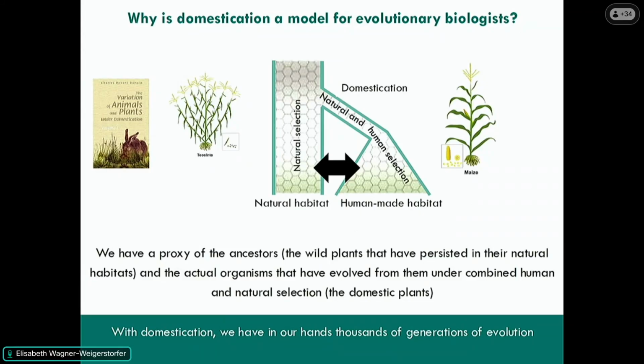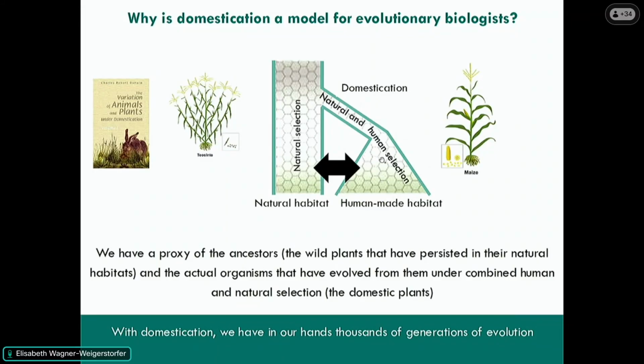And so this process, here you have the wild population. They evolve under natural selection in their natural habitat. Sometimes in the past, some of these wild individuals were taken to be domesticated. So usually domestication is associated with a shrink in population size, okay? And then you have now a population evolving under human-made habitat, your crops, right?